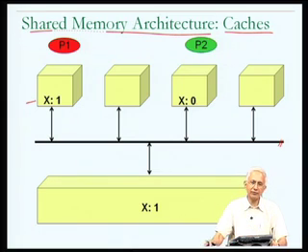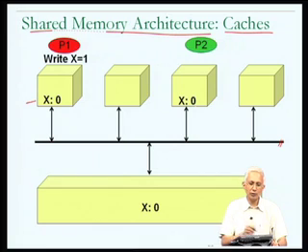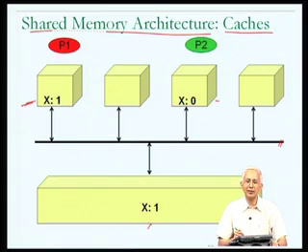So we now see that initially the value of x was 0 in one of the caches, in the other cache, as well as in main memory. Subsequently, process P1 modified the value of x to 1, and therefore that changes the value of x in the cache where process P1 is running, and we are assuming it also changes the value of x in the main memory. What happens now if process P2 reads x again?